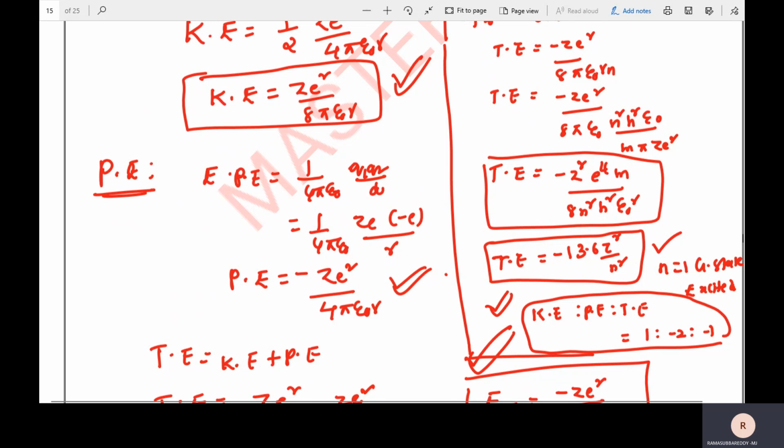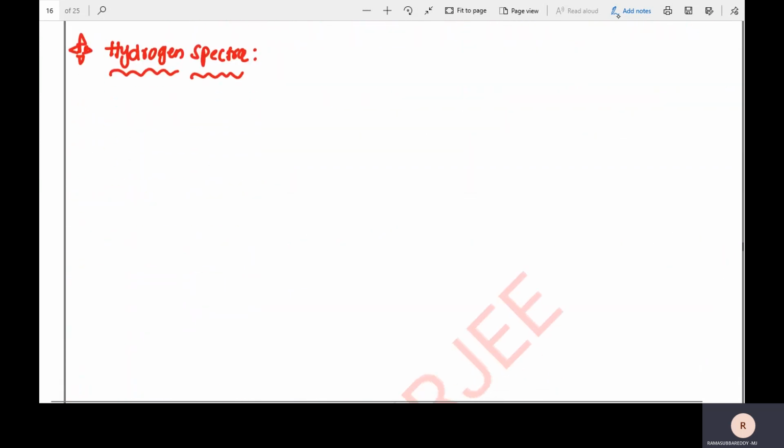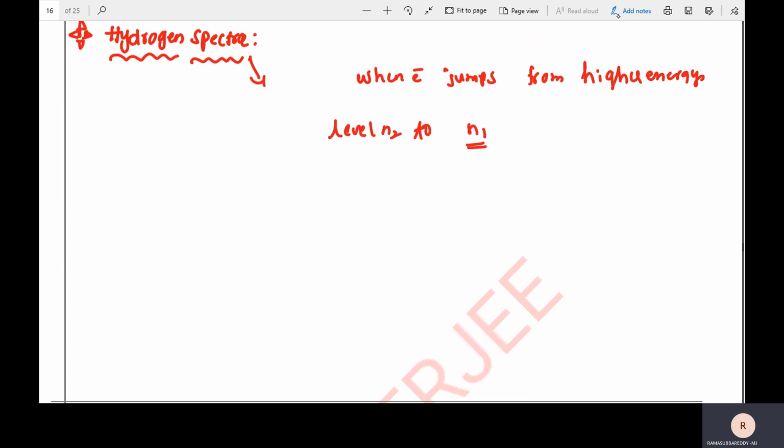So this is all about the hydrogen model of Bohr. Next, we'll see the hydrogen spectra. We get the hydrogen spectra when an electron jumps from a higher energy level n2 to a lower energy level n1 in a stationary atom.